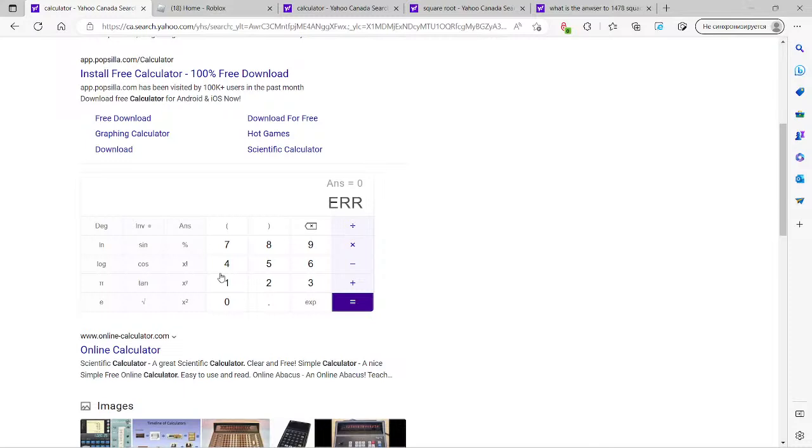No, not this thing, bruh, where's the square root? Where's this? 1478. Bro, I didn't know, where's the square root? I didn't see the square root. Oh, there, fine. Square. I never said multiplied.